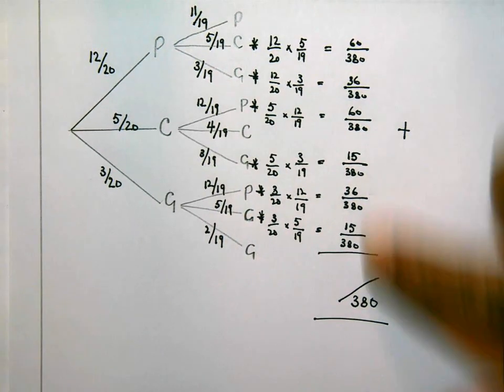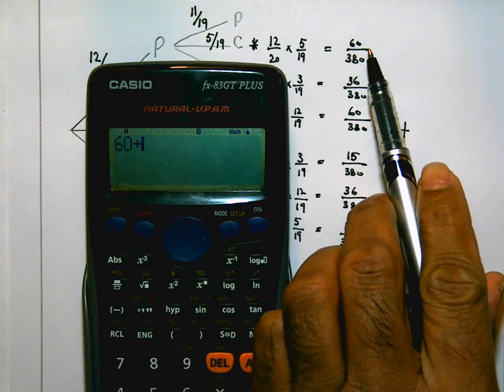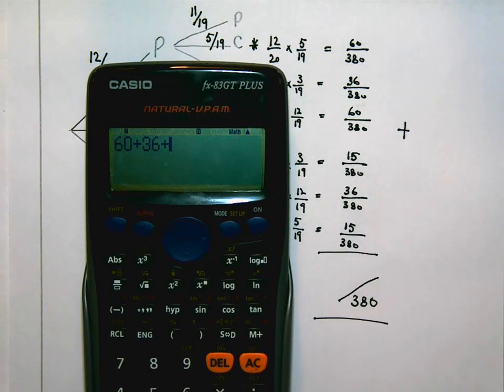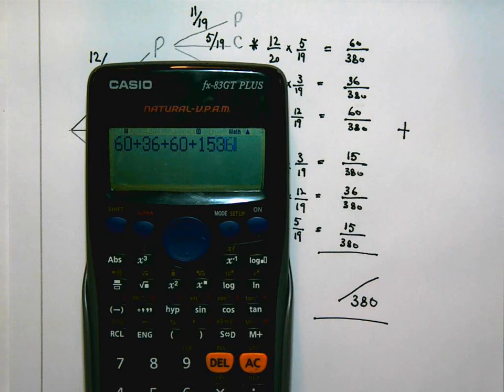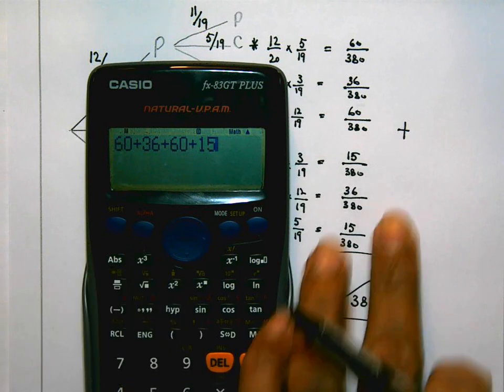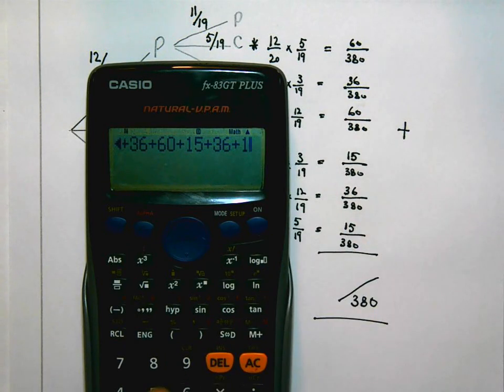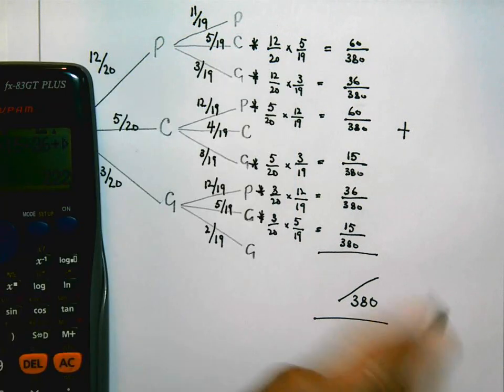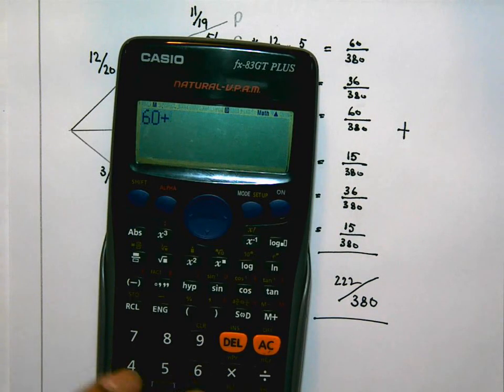If I add all the numerators, I've got 60, 36, 60, 15, 36, and 15. I made a mistake there, so I'll check that again just in case. 60 add 36 add 60 add 15 add 36 add 15 equals 222.